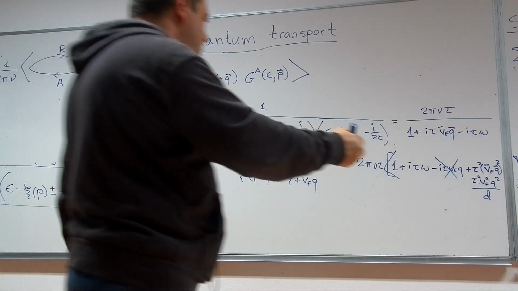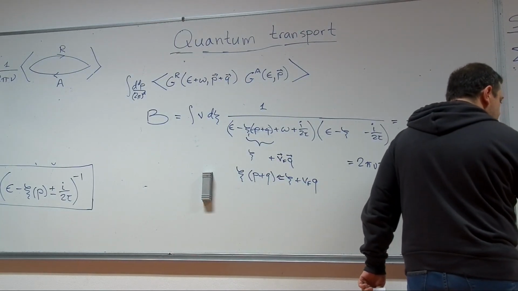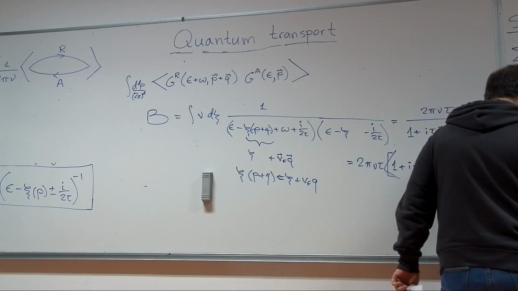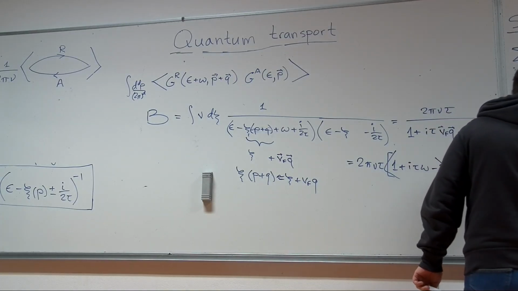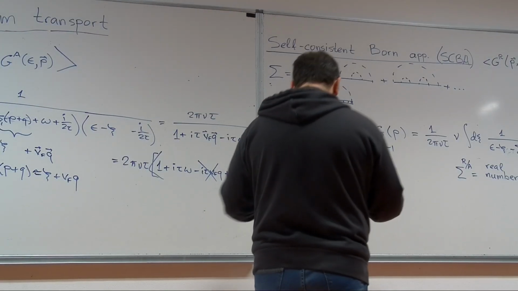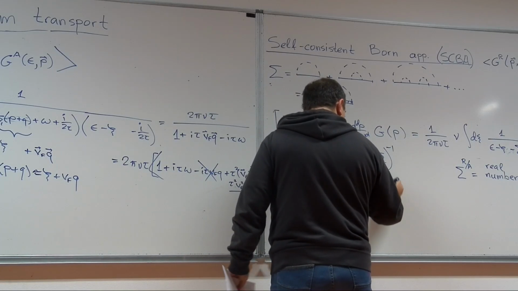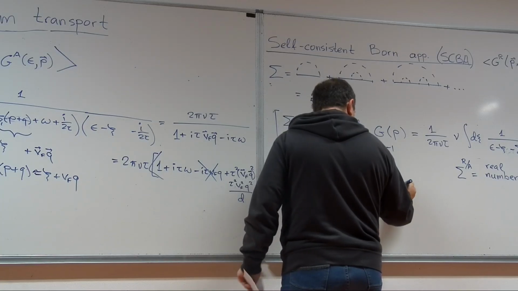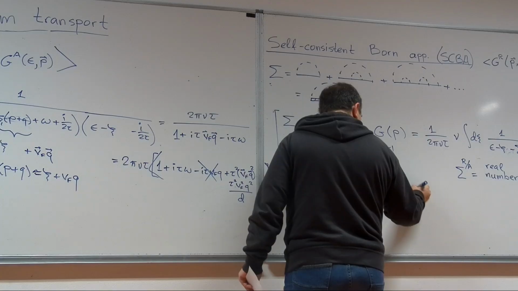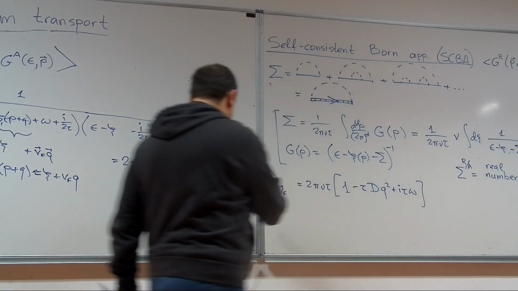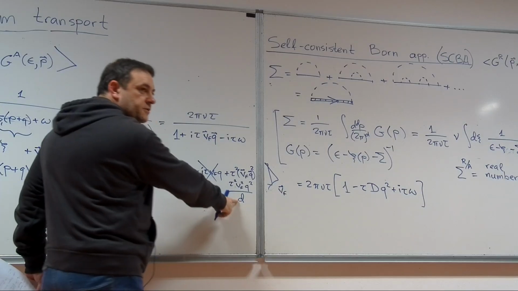So this thing, once again, is 2 pi nu tau times 1 minus tau D q squared plus i tau omega. This is the diffusion constant, D equals tau v Fermi squared over d.